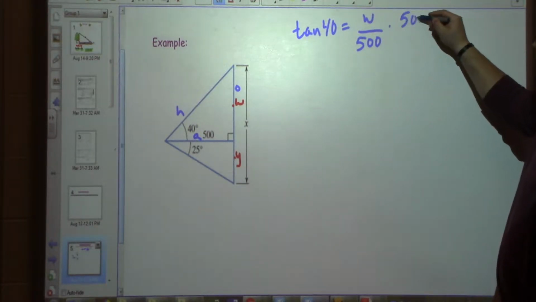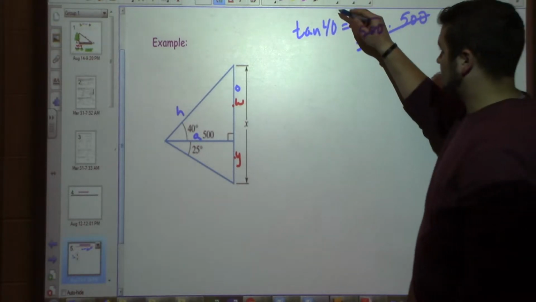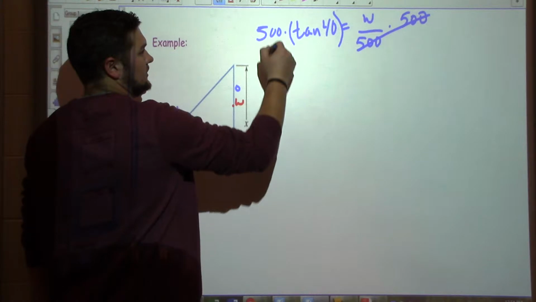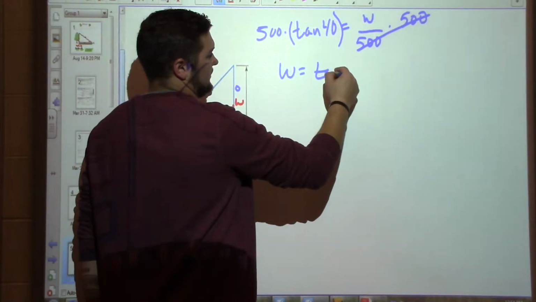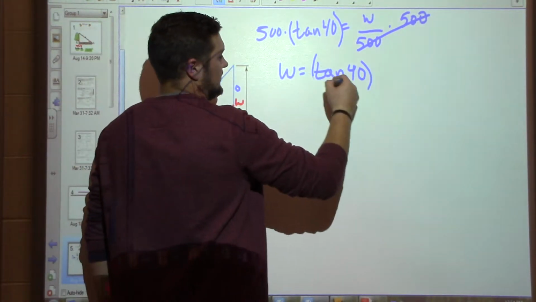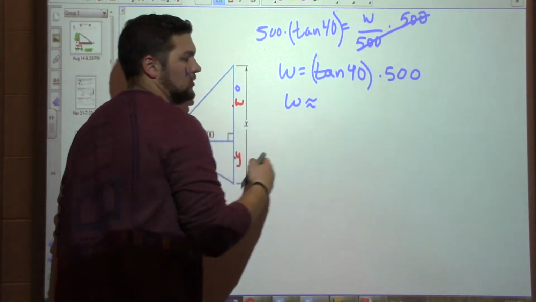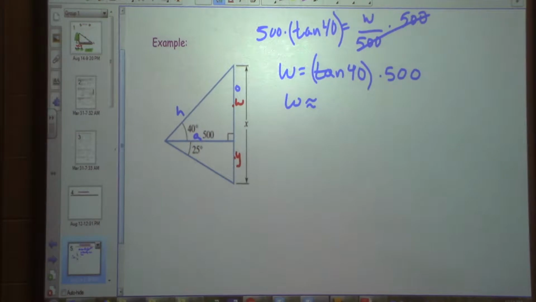Multiply by 500. Good, so those will cancel. So I'm going to multiply this side by 500 as well. So I get W equals tangent of 40 times 500, which we should be able to punch in our calculators, which need to be in degree mode. So we punch it in.